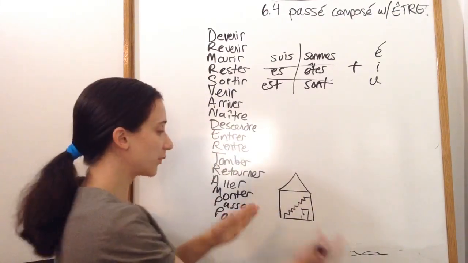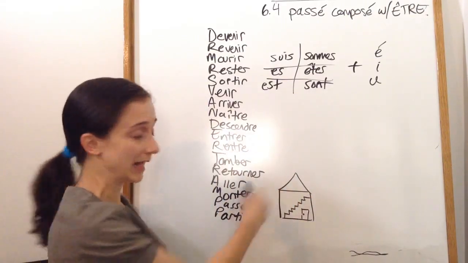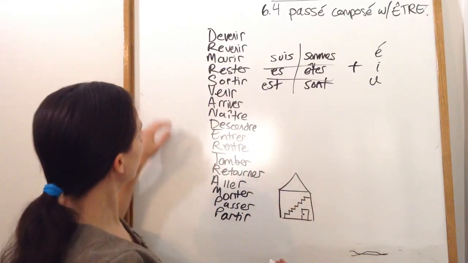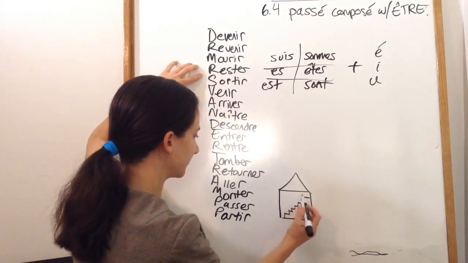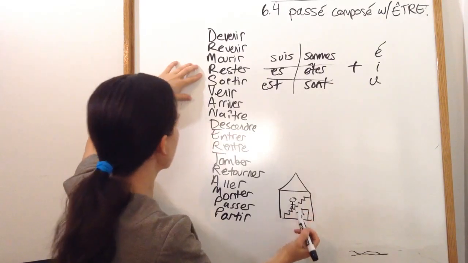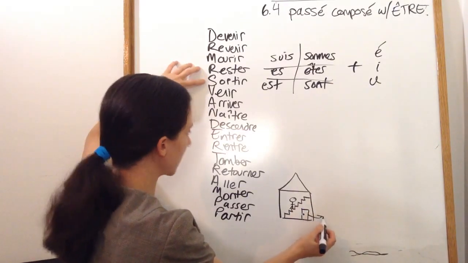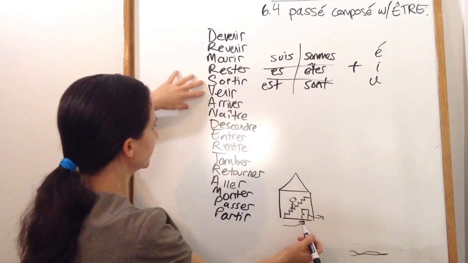Or there's another way, which is the house, because you'll see that most of these verbs have to do with a house. We're going to stay in our house, so we'll just have them staying in the house. And you'll have them go out from the house, sortir, and they're coming to the house, venir.